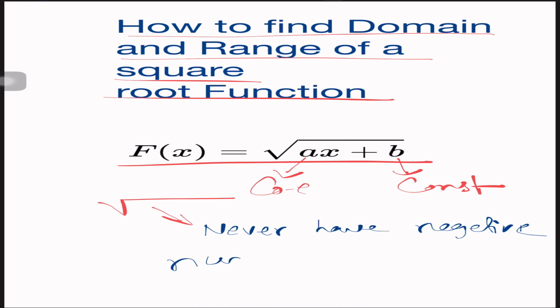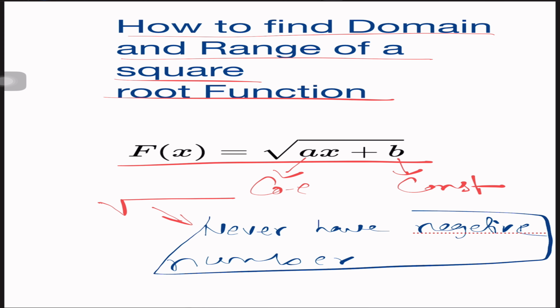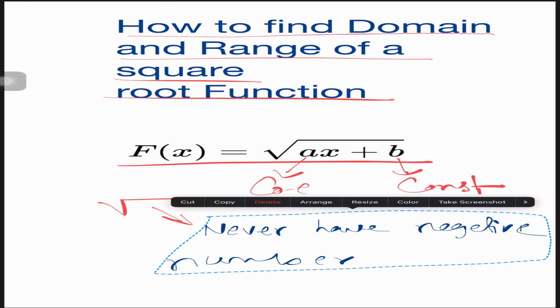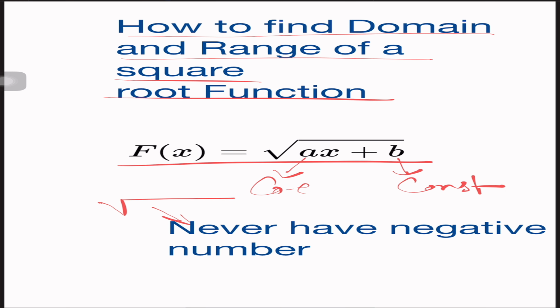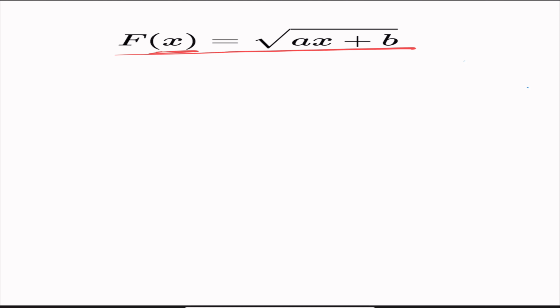Okay, what does it mean if you don't have a negative number? That means no matter what, you cannot have any negative number here. If you end up with negative values in the square root, that is undefined.